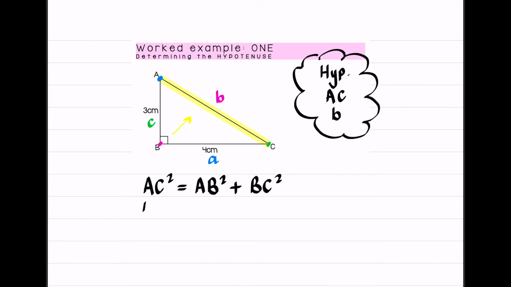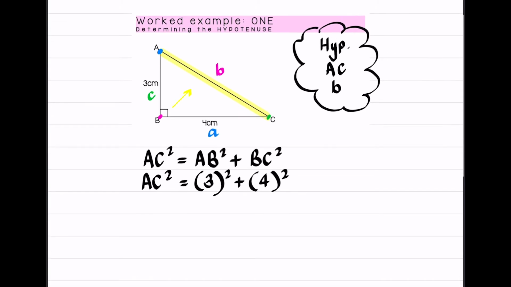AC is what I'm looking for, so I'm going to keep it as AC squared. That is equal to AB. I'm going to substitute, and I substitute with brackets. So that is 3 squared plus BC, and BC is 4 squared.